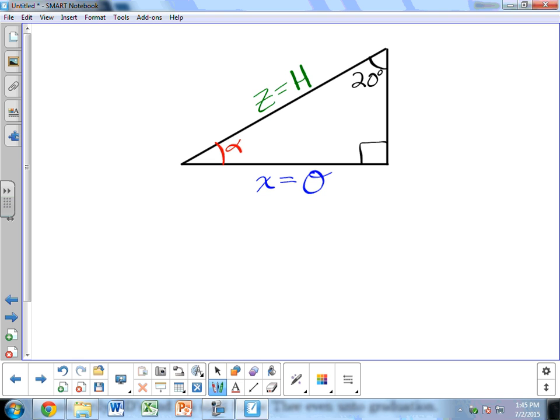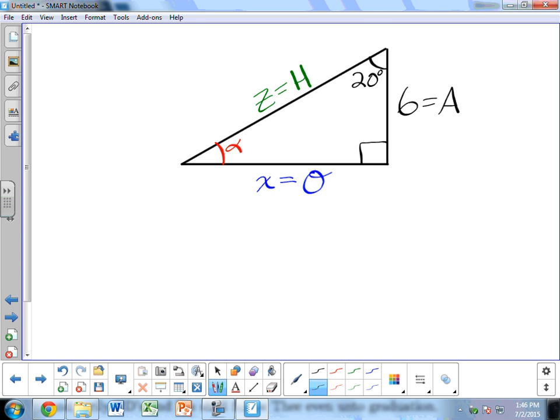It all is based off of the reference angle. So since x is opposite the 20-degree angle that we know, it is the opposite side. And once again, let's make this side be 6. And this is going to be the adjacent side this time.